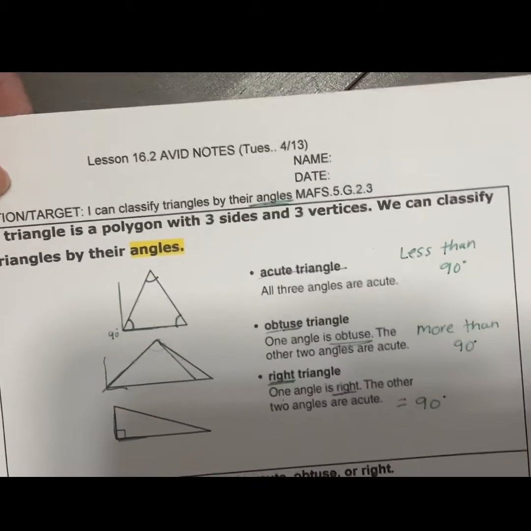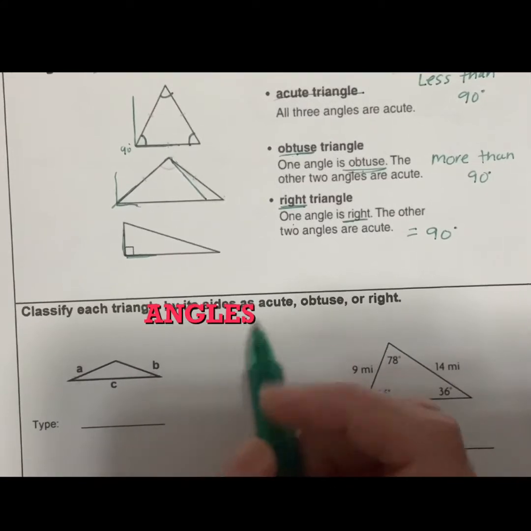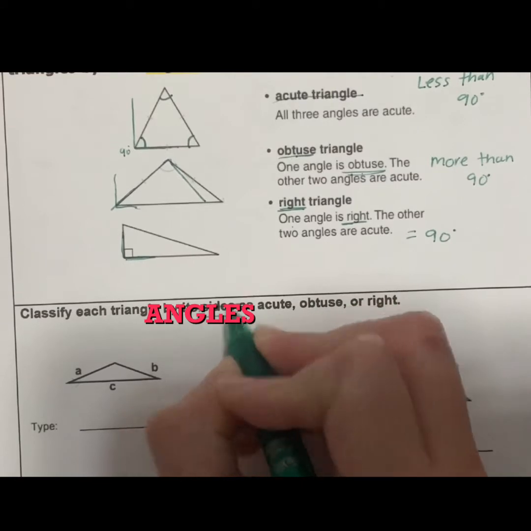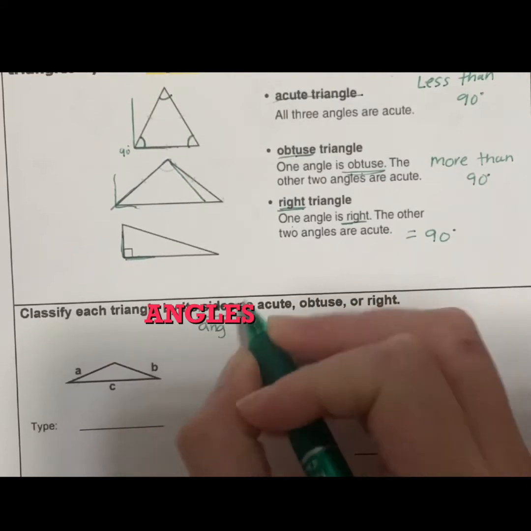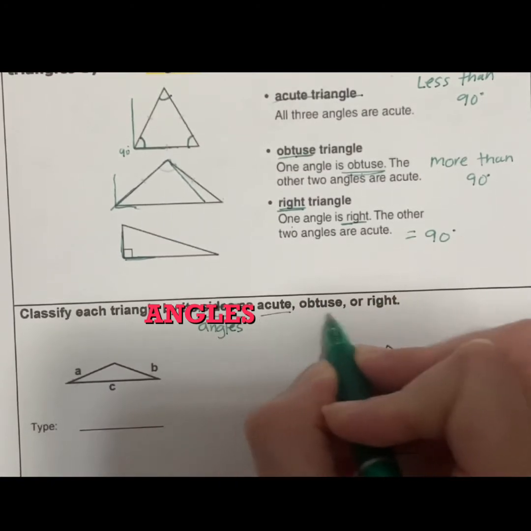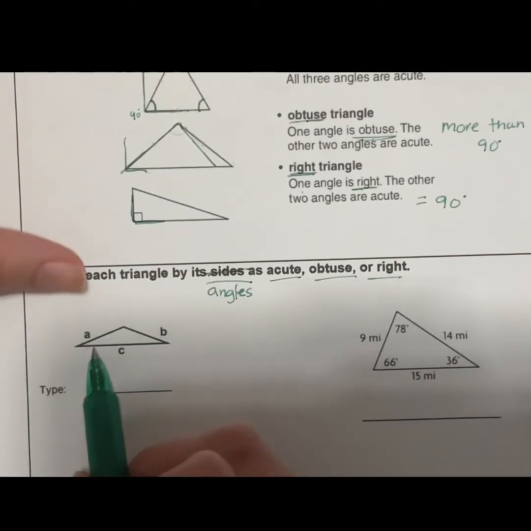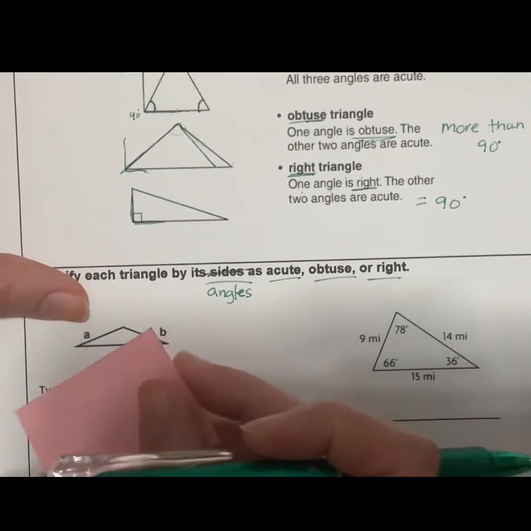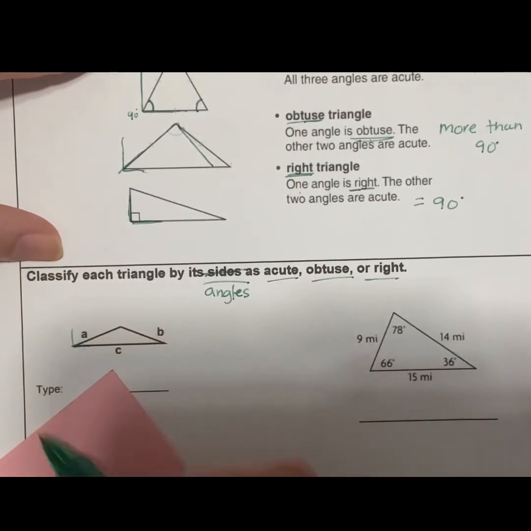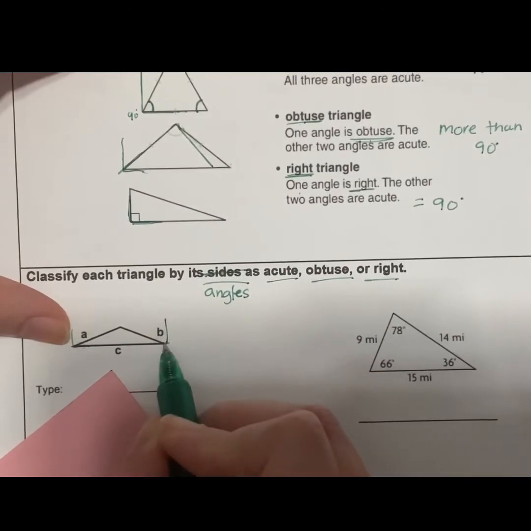So we're going to take the same triangles from yesterday that we classified, but this time we're going to classify them by their angles. Your paper should say angles. Acute, obtuse, or right. Okay, let's see. If I grab my paper, what do you notice? This is pretty small because I know a perfect L, so this is acute because it's less than that.